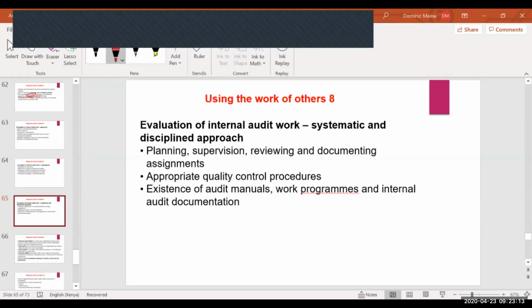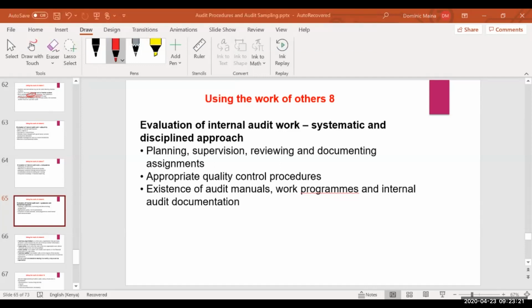Now, what is the quality control procedure they use? Is there any existence of manuals that can be used by the incomers in the department, where they can make reference on how they should be doing their work? For example, are there work programs? In short, is there a sort of timetable? Is there any internal audit documentation? Do they document their work?